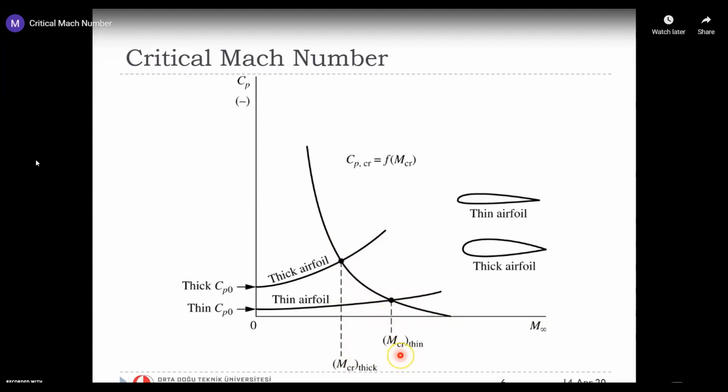Let's say I have the same thin airfoil but operating at a higher angle of attack. What would happen? I said a few minutes ago that angle of attack has an effect, and it will change the critical Mach number. How would you expect this curve to shift? That's my question.